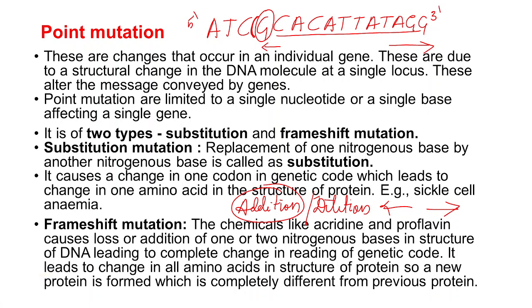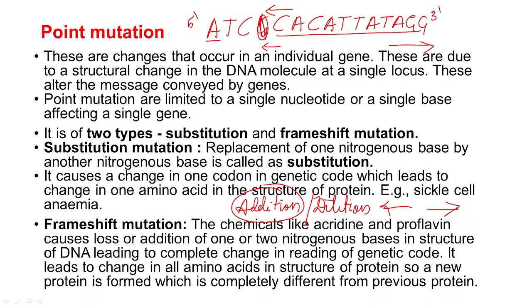See, when the frame is shifted to its left side by means of deleting the G, then what will happen? The amino acids can be changed. How? Because this particular deletion will lead to shifting of the frame, so the nitrogenous base sequence on the mRNA, that means the codons which will be produced, will be altered.